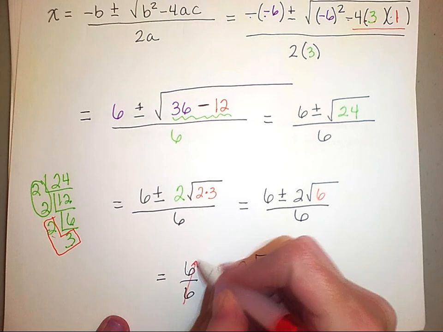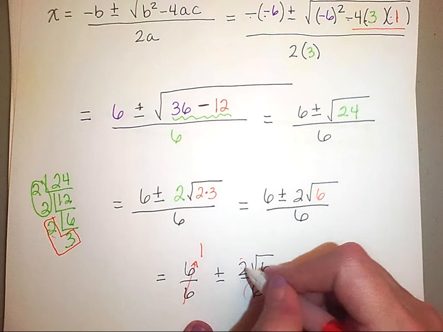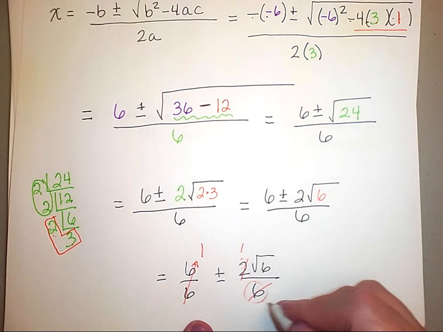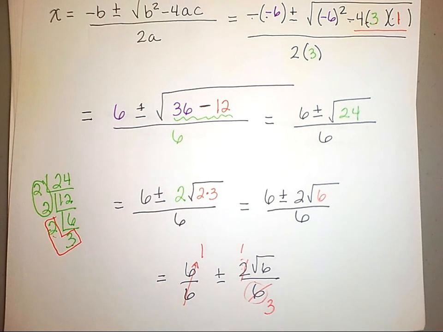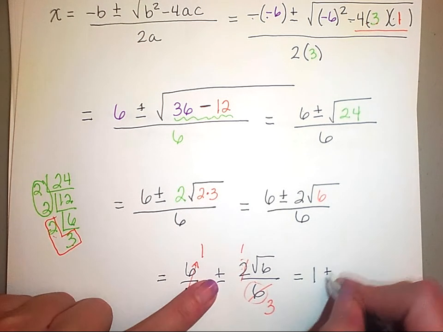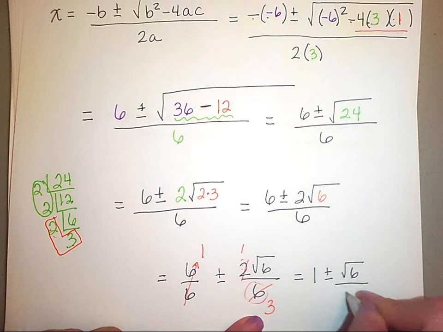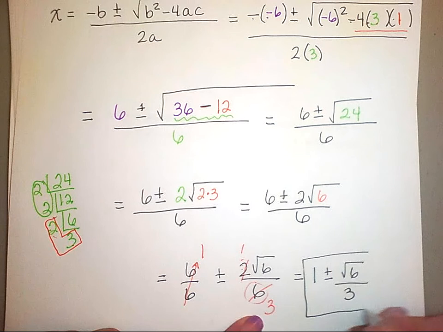Now here, well, 6 over 6, well, that's just 1. Okay. And here, I can only cancel with what's outside. I can't cancel underneath the radical. So 2 goes into itself once and into 6 3 times. So what this becomes is 1 plus or minus 1 times root 6 is just root 6 over 3.